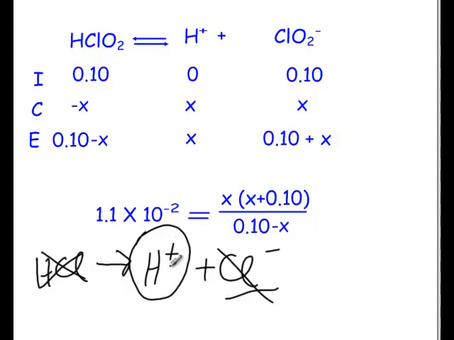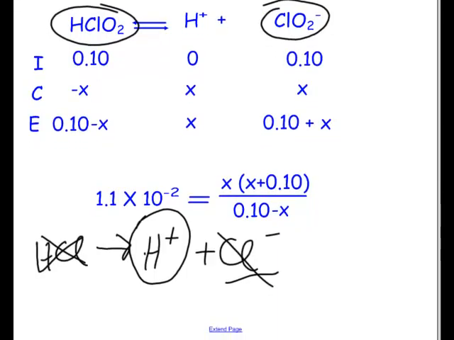Well, this is a plus, so it would react with the negative. So if I have just a little bit of H plus here and a lot of ClO2 minus, what's going to happen is some of this ClO2 minus is going to neutralize that H plus and make some more of this. That's exactly what's going to happen.